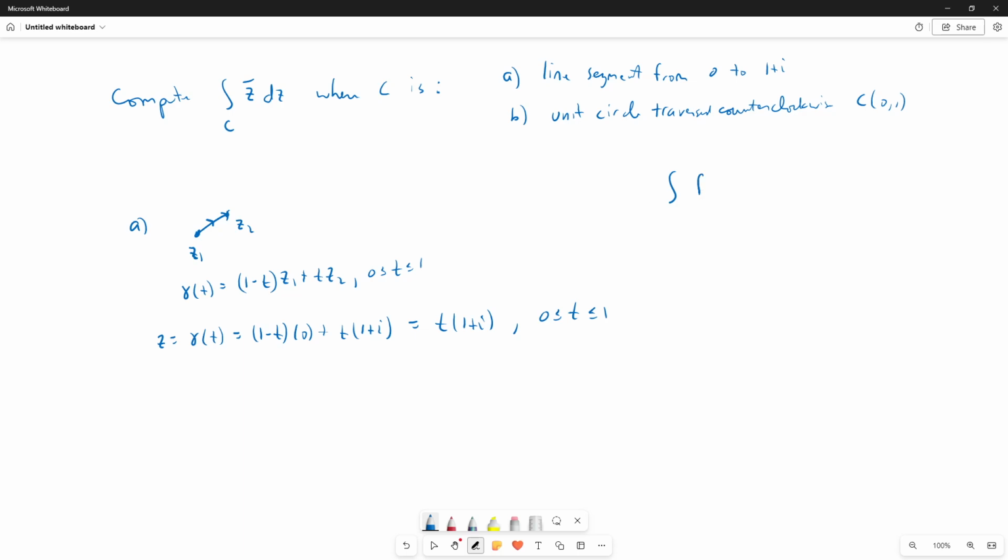Then in general, to compute an integral of f of z dz along the contour C, we have to integrate from a to b f of gamma of t times gamma prime of t dt, where a and b are the endpoints, the bounds for the parameter.